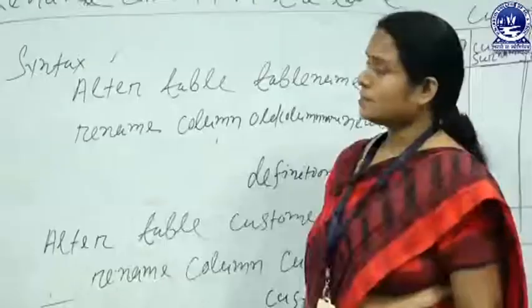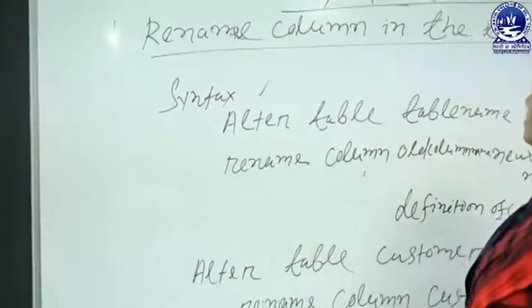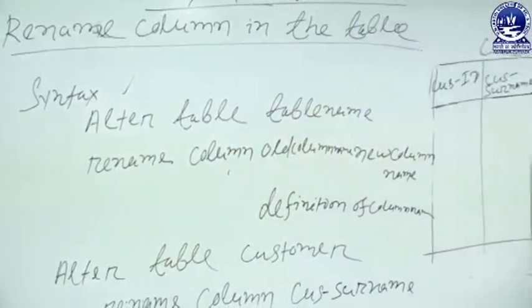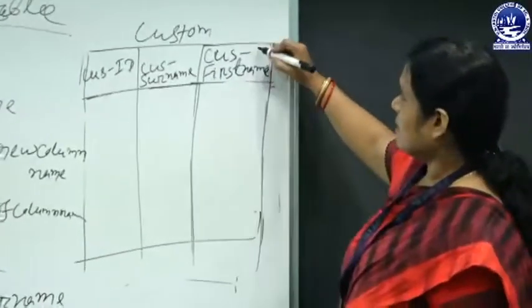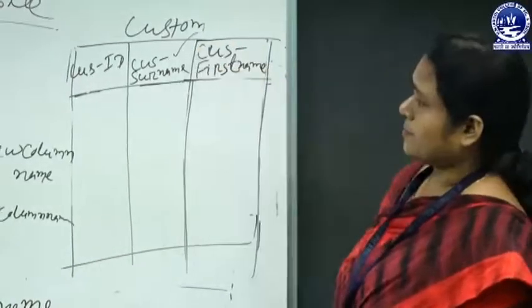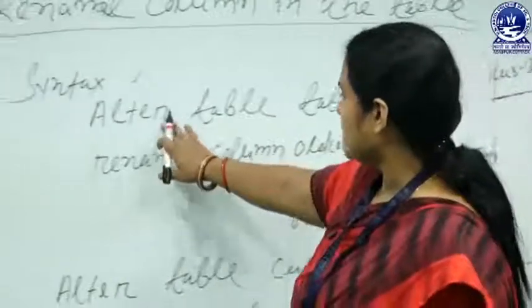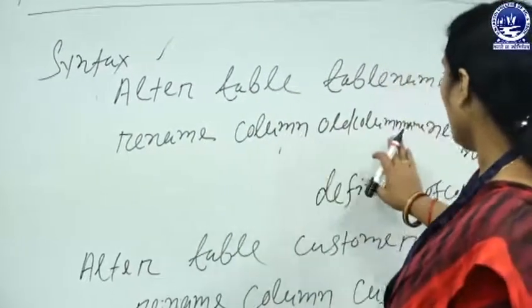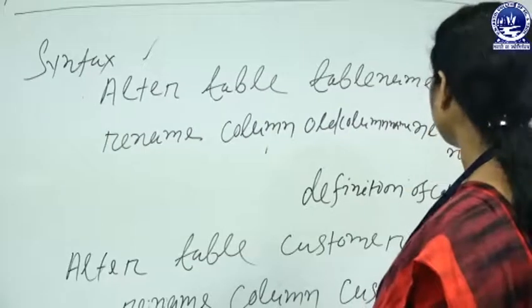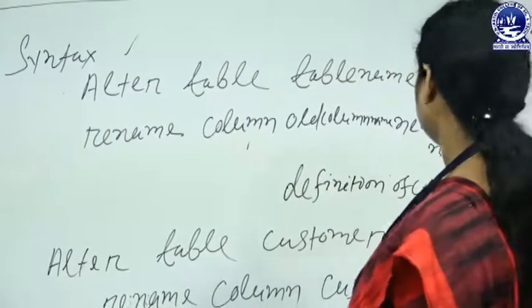Next command is rename column in the table. Suppose I want to rename the column customer surname. For that we use the syntax: alter table, table name, rename column, old column name, new column name, definition of column name, semicolon.